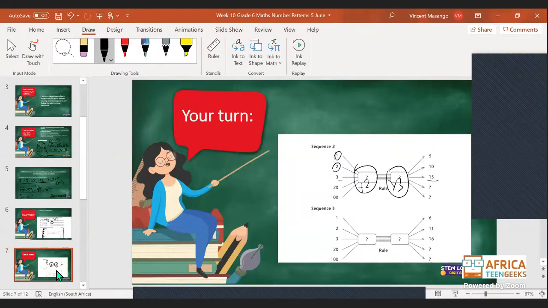Okay, so what I'm going to ask you to do because of time, guys, is have a look at this one, sequence 3, figure it out, and then as well as this one, and then please send both of them to me via email, and I'll have a look at those for you and correct them and give them corrections and then send them back to you.